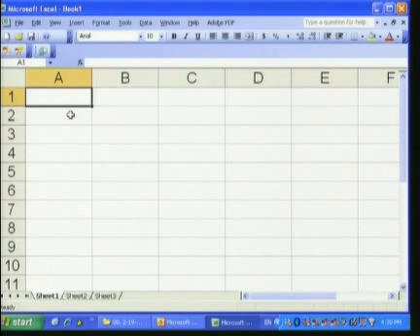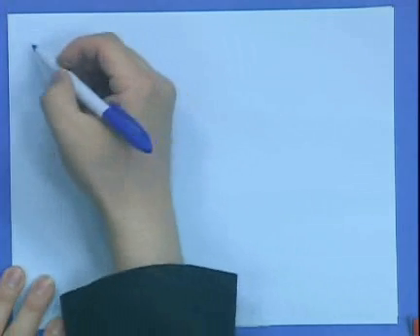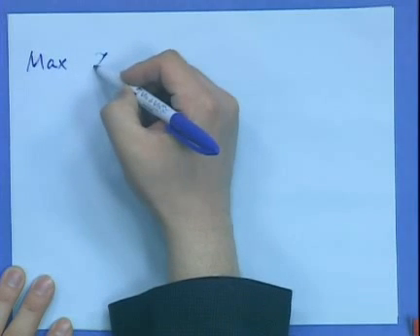Of course, the given LP problem should be converted to standard LP by introducing three slack variables, S1, S2 and S3. So let's do this. By introducing slack variables, our problem can be converted to this.